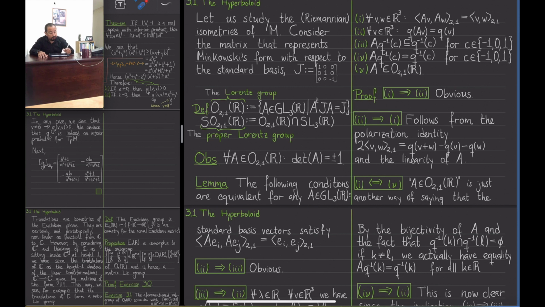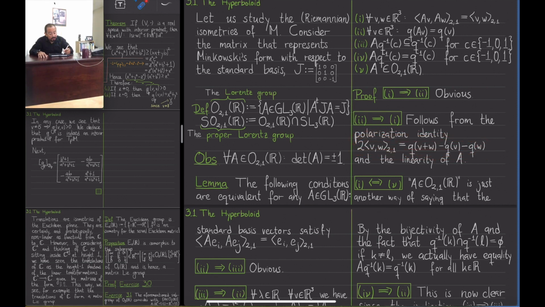Then you apply this polarization identity and use the fact that multiplying by A is linear, so this sum opens. So 2 implies 1 is less obvious, but once we remember the polarization identity, it's quite straightforward.